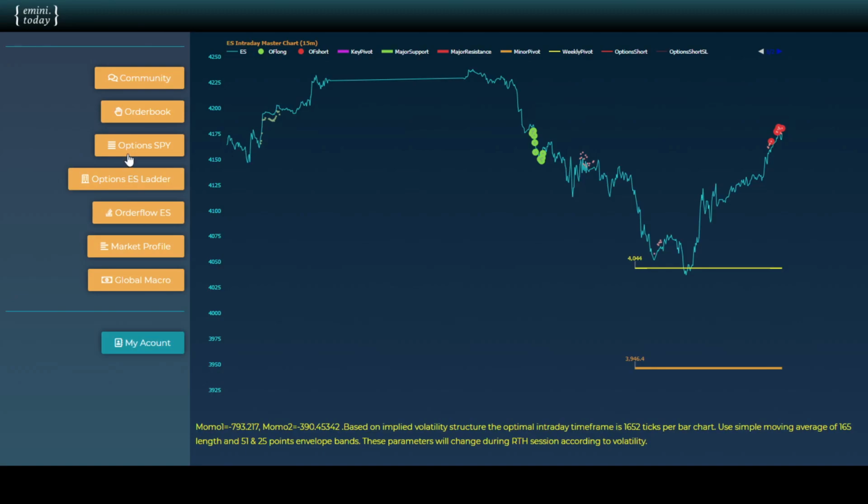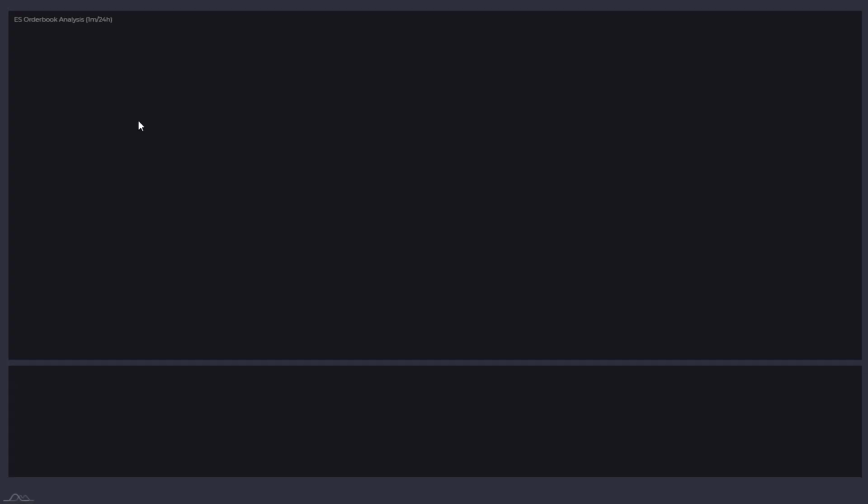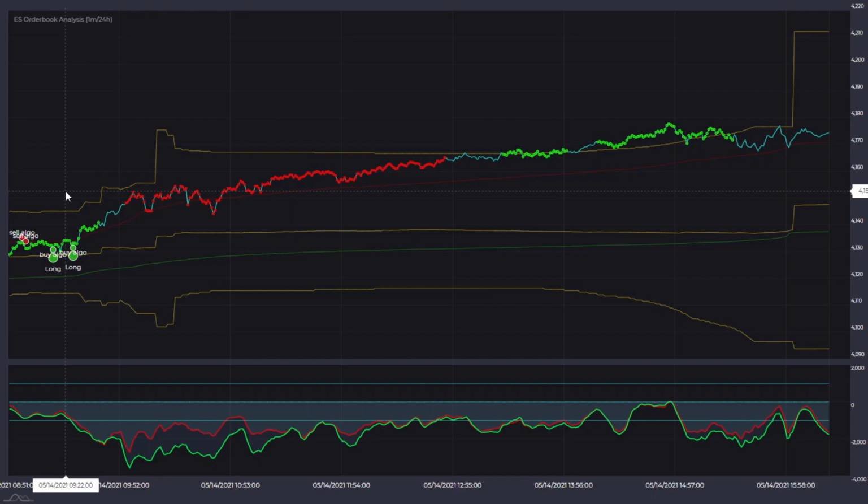Before we move to the SPY options, I forgot to mention one thing: you will clearly notice that there are a lot more signals during the overnight session. It's because the whole algorithm is divided into two sessions, the ETH and RTH.